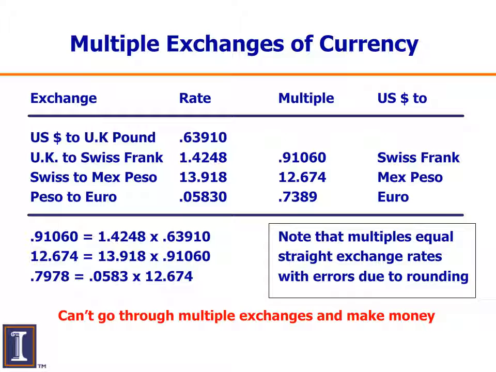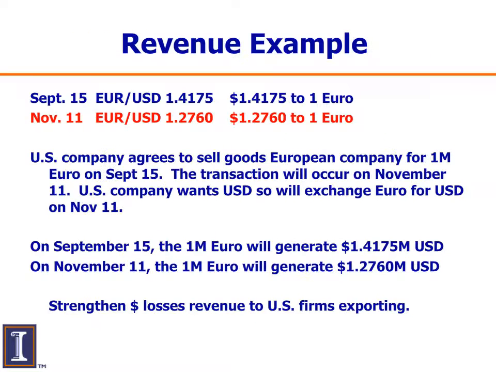And again, the important thing to illustrate here is you can't go through multiple changes and make money, or for that matter, lose money. Obviously, this does abstract away from transactions cost, and you would expect some transactions costs to compensate the person making the exchanges for those currency exchanges.